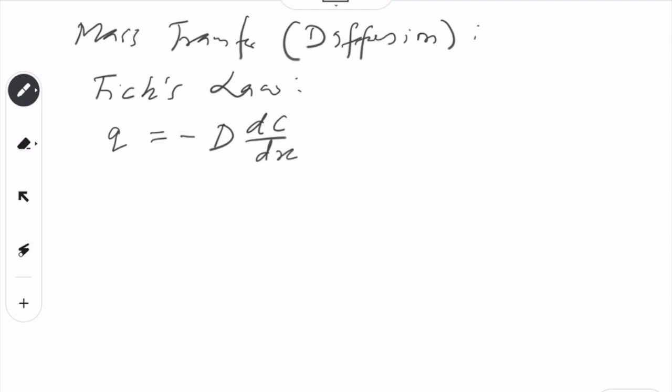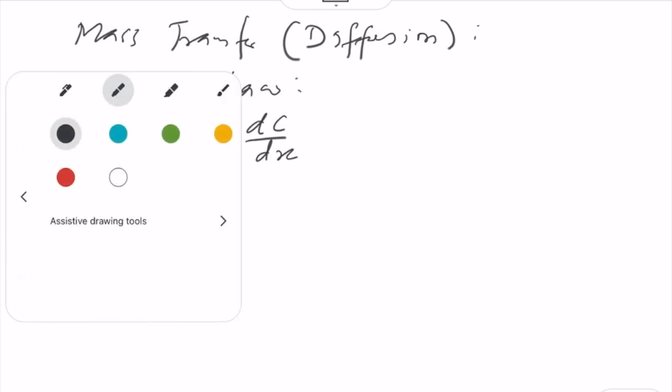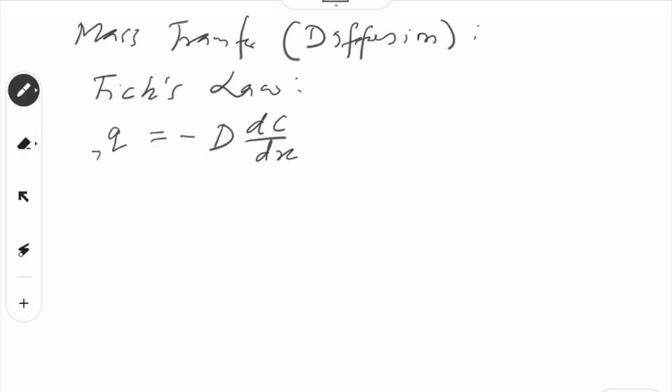This q is the flux, and this is mass transfer.